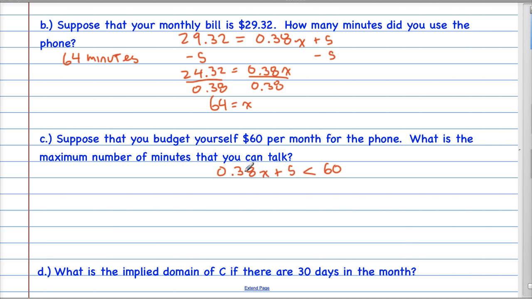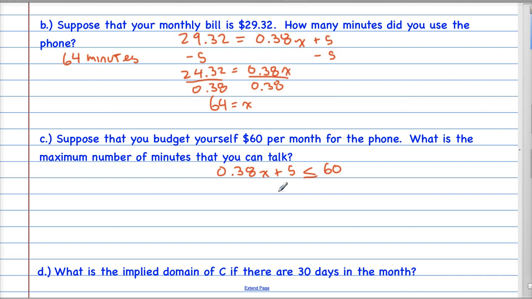I don't want the total cost for the number of minutes to exceed $60. I could call this less than or equal to, because I could spend $60, but I don't want it over 60. So it's anything that is less than or equal to 60.